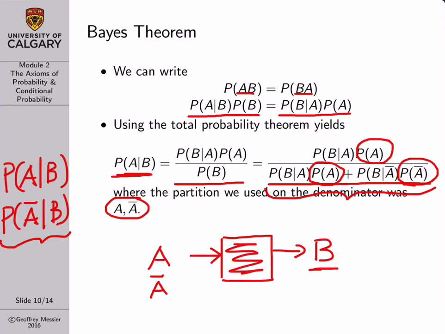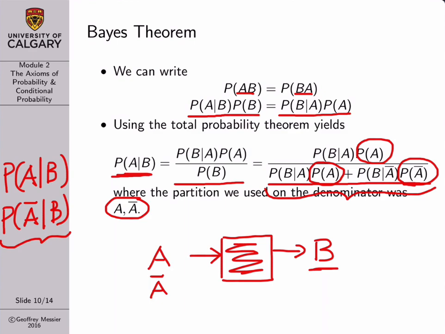So these are the probabilities of A and not A occurring before we observe B. That's why they're called a priori. And generally we know these perhaps from some description of the problem. We know that A is perhaps a little bit more likely than not A. And if we have those values, we can plug those into this formula.